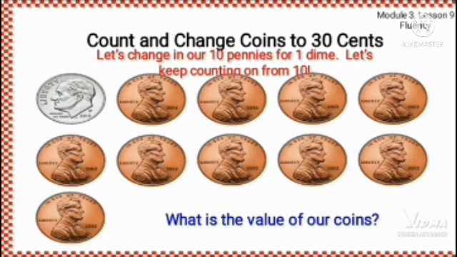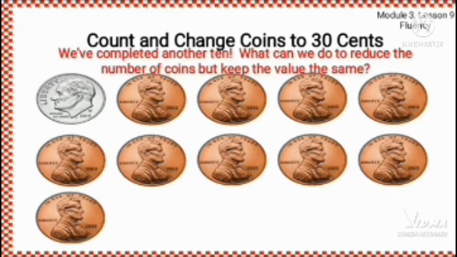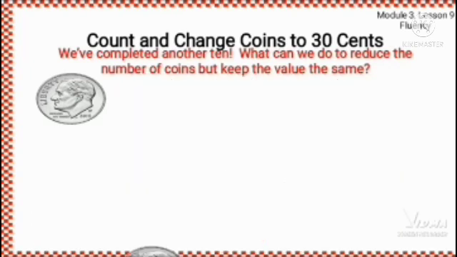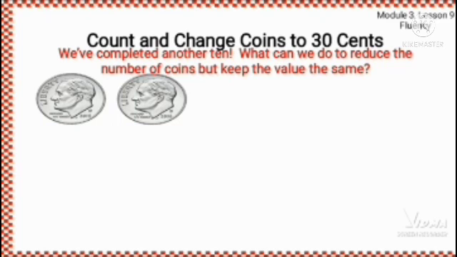What is the value of our coins now? That will be 20 pennies and exactly 2 dimes. So we'll bundle and have 2 dimes. The dime has the value of 10 pennies.